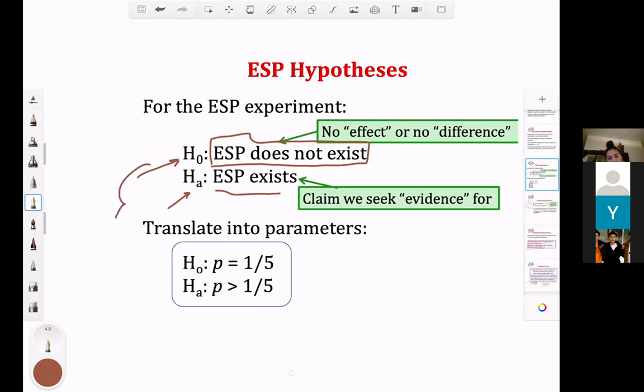If we translate this into the statistics part, the parameter we're talking about is rho, the proportion. Proportion equal to 1/5. What does it mean? That means ESP doesn't exist. The probability is 1/5. But the alternative says, no, it exists. There are some experiments that show the probability is more than 1/5.